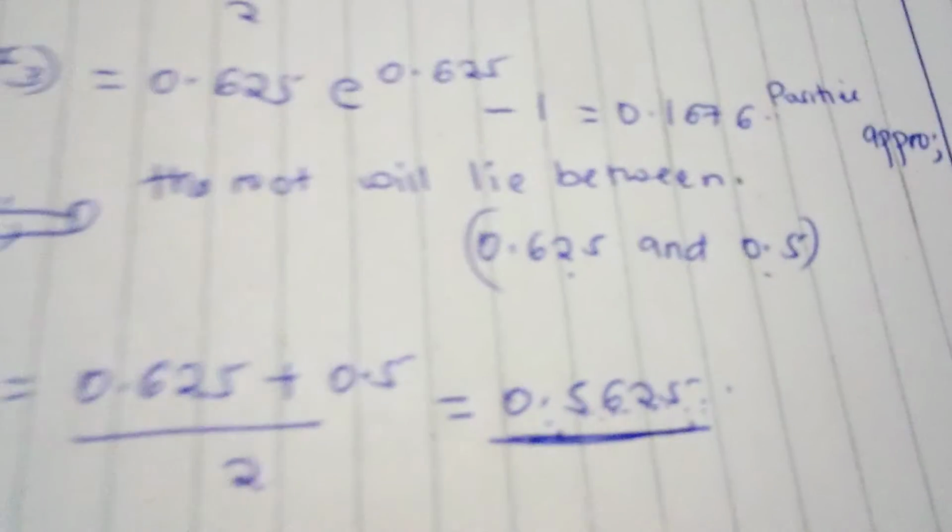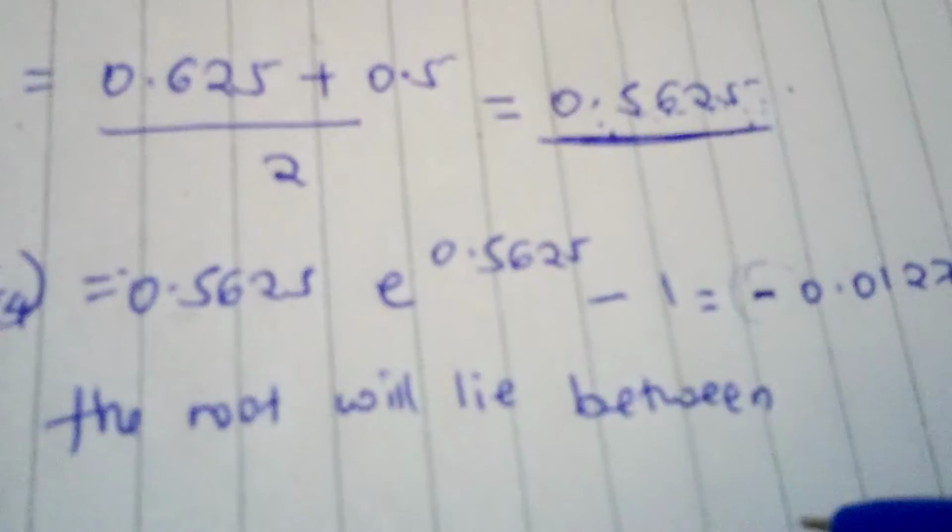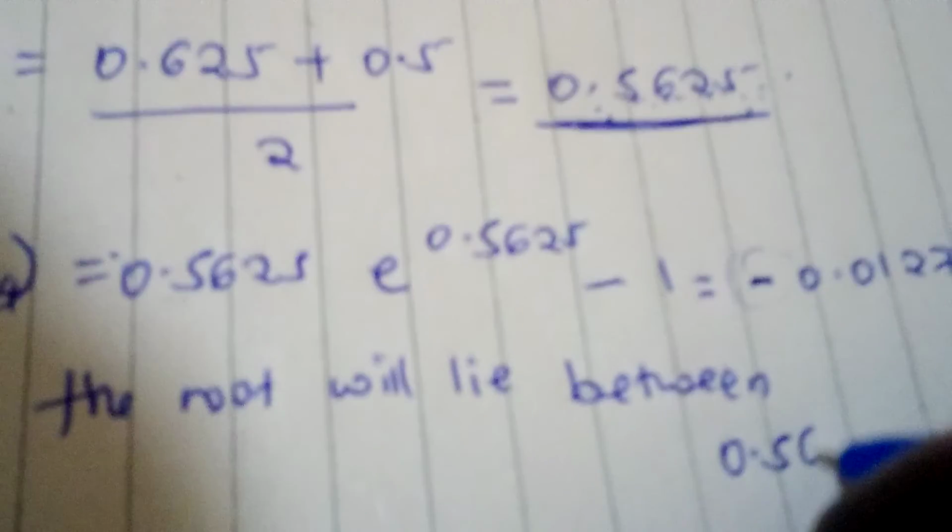Therefore, our successive approximation will be given by, the root will lie between 0.5625 and our immediate positive, which was given by 0.625.